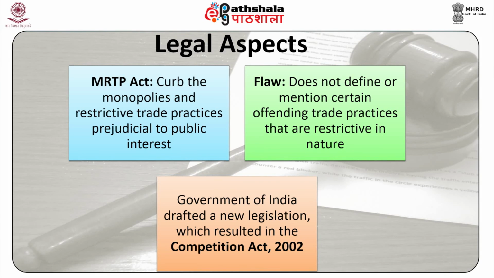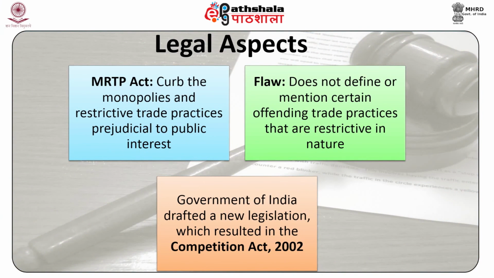For example, it does not define or mention certain offending trade practices that are restrictive in nature. Abuse of dominance, cartels, collusion and price fixing, boycotts, refusal to deal and predatory pricing are not covered under the MRTP Act.